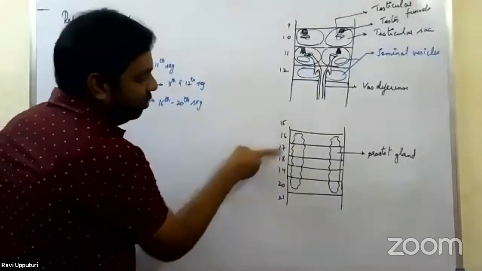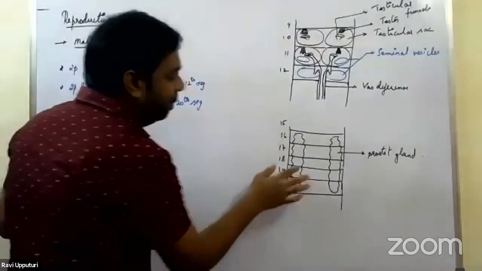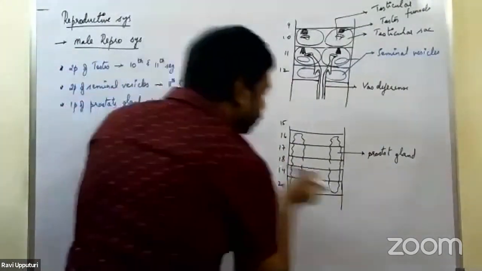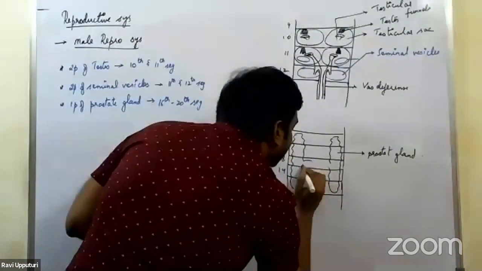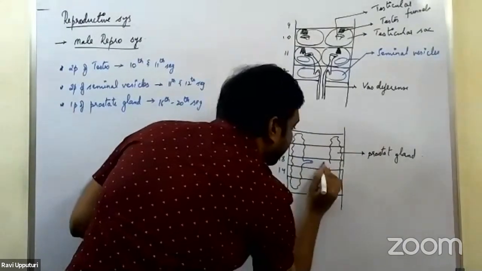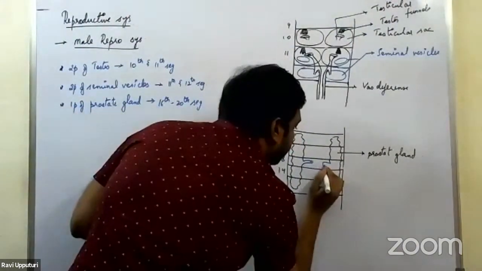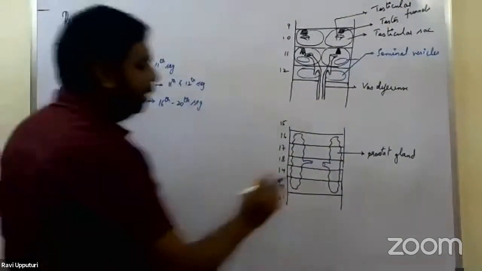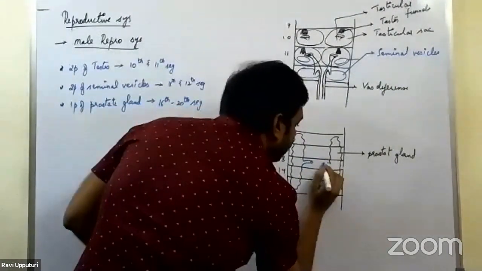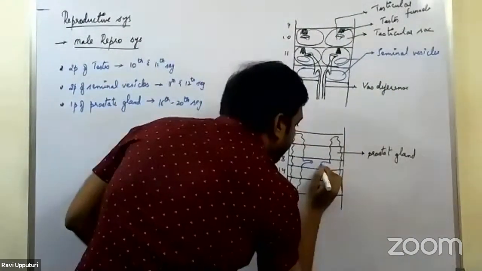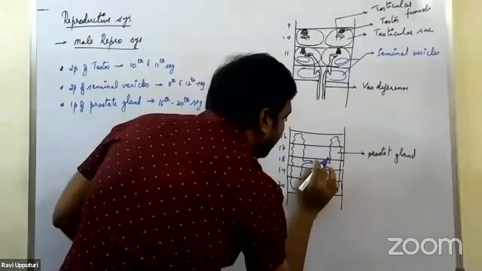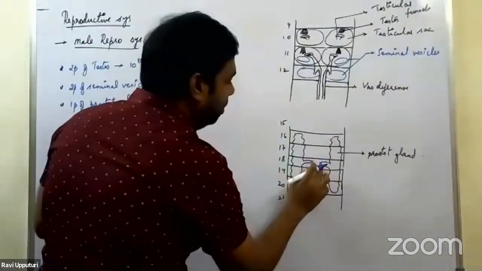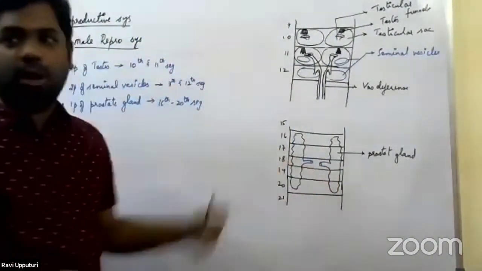Now, these prostate glands, they would open up into the 18th segment through a pore, right? So they would actually open up into this 18th segment through a pore here, like this. Now, before they open into the 18th segment, we have one more structure which will actually come and open up into the prostate gland.